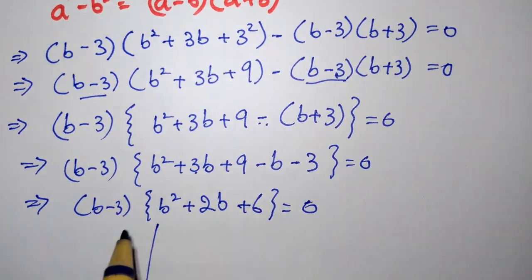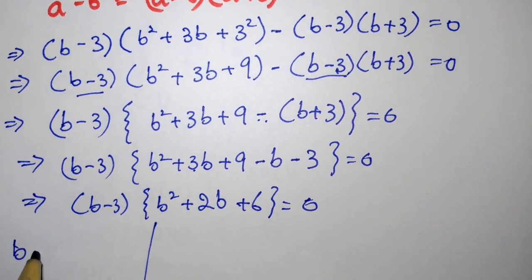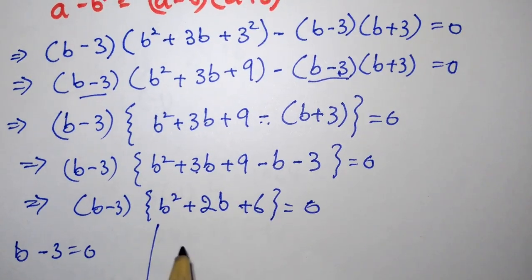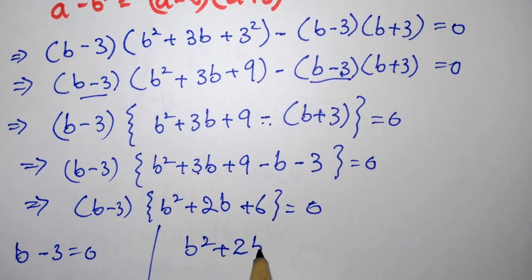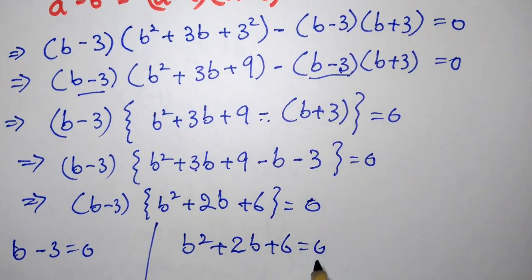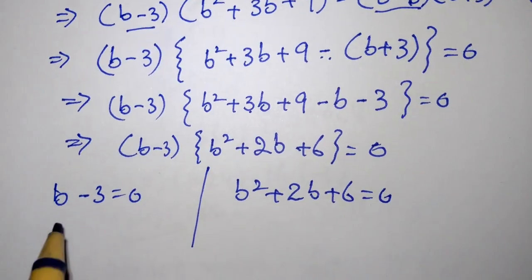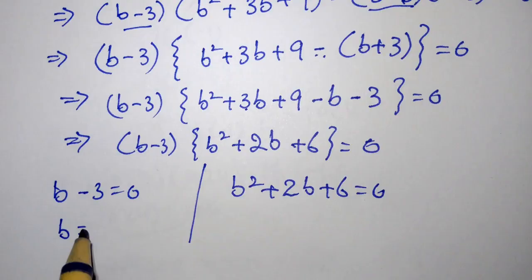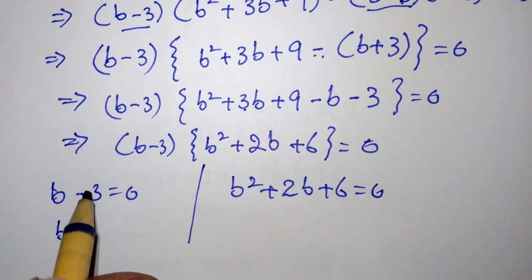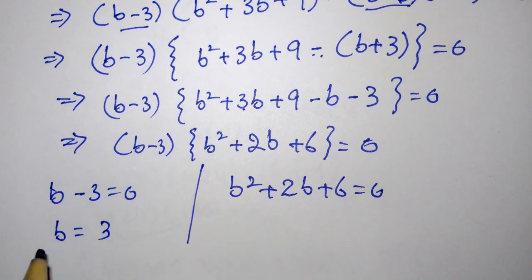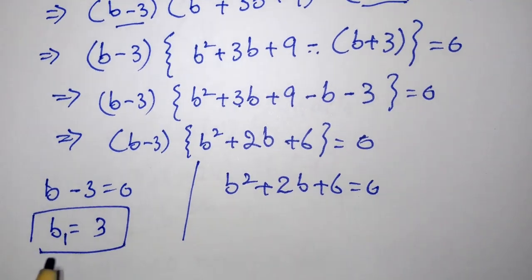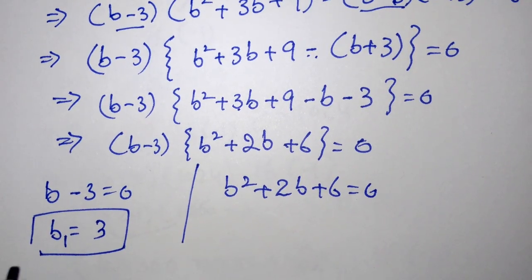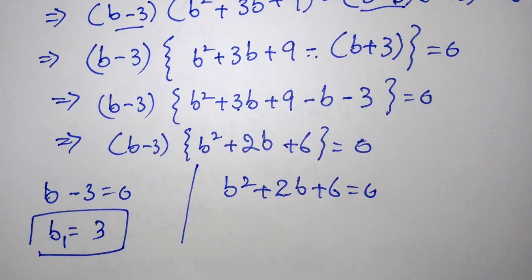Here we have two cases. The case 1 is b minus 3 is equal to 0, and here b square plus 2b plus 6 is equal to 0. Here case 1, b is equal to minus 3 goes to the right side, this will become plus 3, and this is b1 is equal to 3. This is the first solution of the problem.